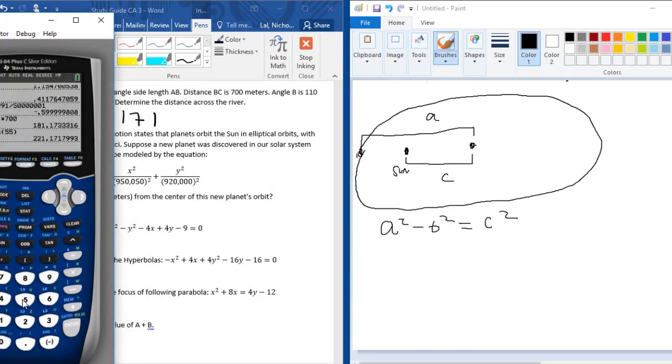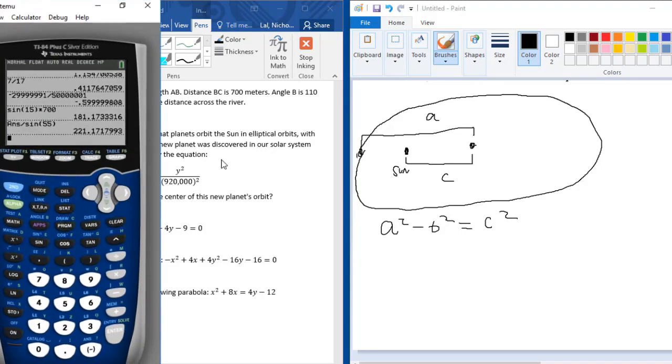Here I'll write out the calculator function before I put it in. So that means that C is equal to the square root of A squared minus B squared.